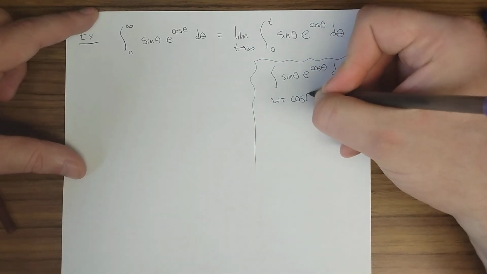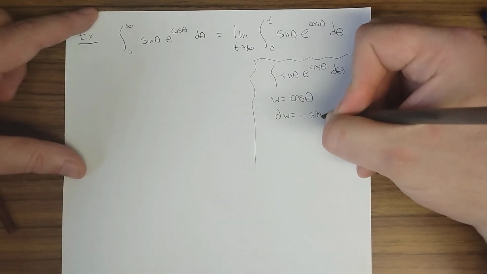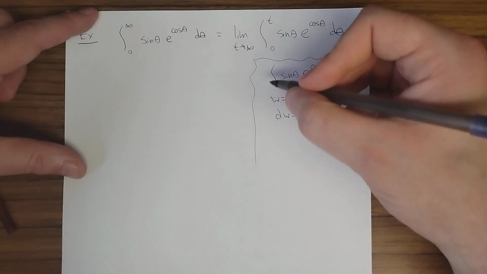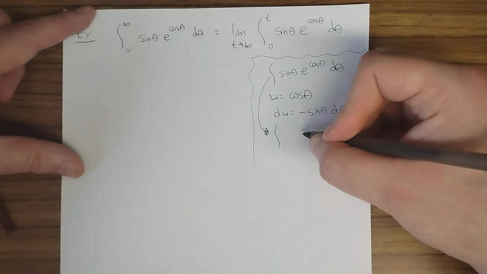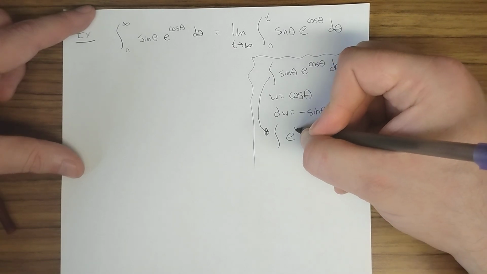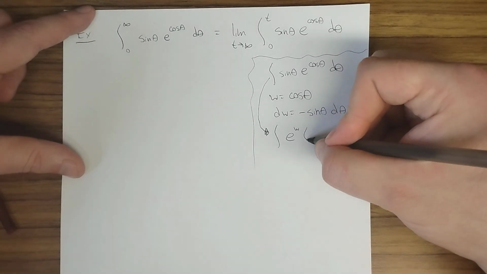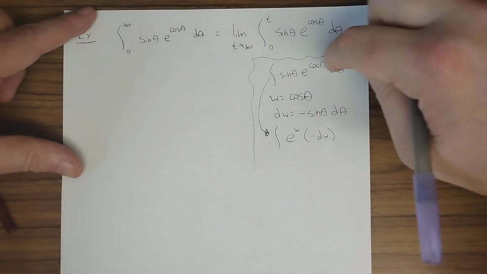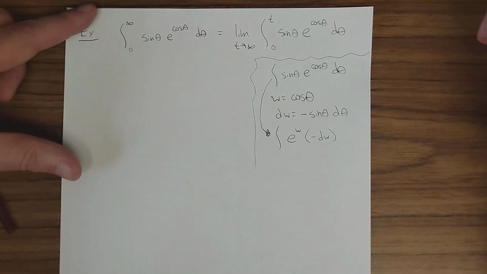w is cosine theta. dw is negative sine theta, which I like because I see that there. This turns into e to the w, and that takes care of the e to the cosine part. And if I just write negative dw, that takes care of the sine theta and the d theta, just because of this negative sign.